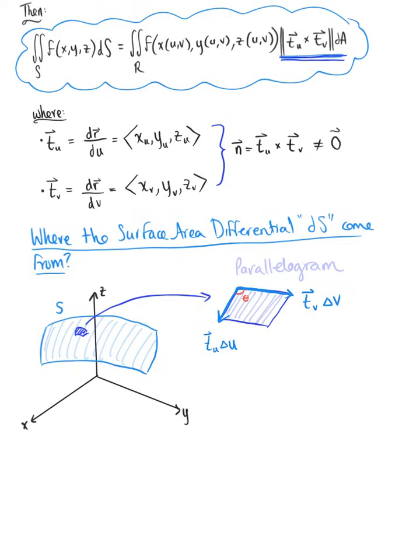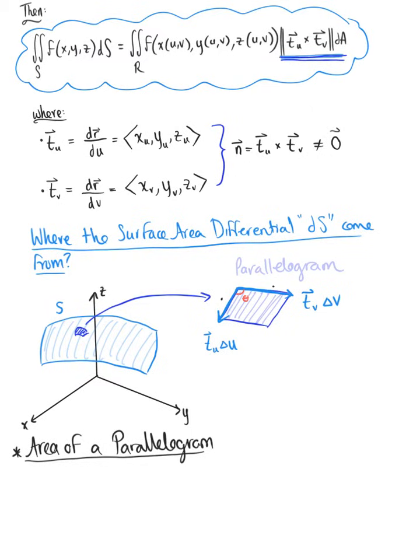And so we think to ourselves, how can we find the area of a parallelogram using two adjacent vectors, two tangent vectors? And you were right, we can use the cross product. We've already seen how to do this. So we know that the area of a parallelogram is going to be equal to the magnitude of the cross product of two tangent vectors, or two adjacent vectors.